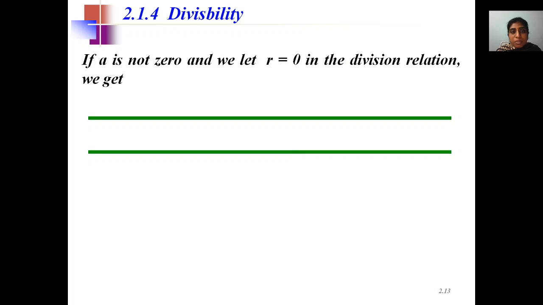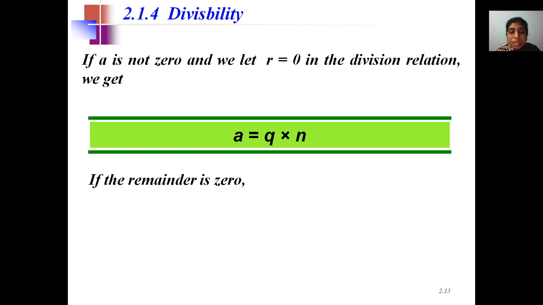Then coming to the divisibility, if a is not 0 and we let r equal 0 in the division relationship, we are going to get a equals q into n. If r is equal to 0 and the divisor is not 0, then we represent them in the form a equals q into n.